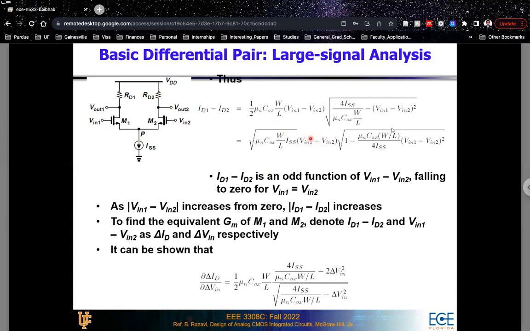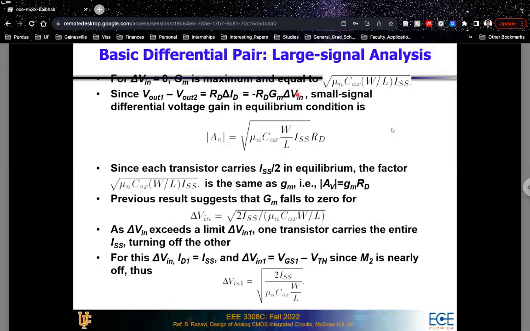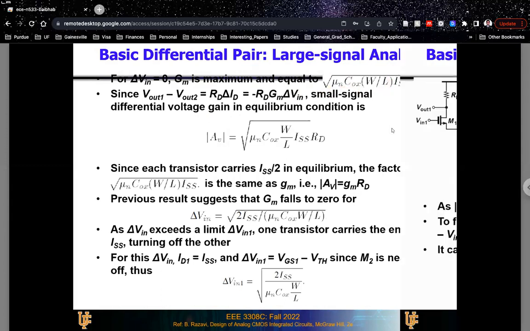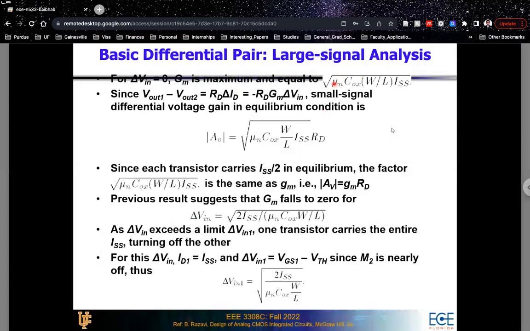That's basically V1 minus V2 has to be equal to 0, or in other words, your del V has to be equal to 0. And if your del V is equal to 0, then GM reduces to square root of K times ISS, right? So if you go back to the previous one, you put del V equal to 0 for both of these cases, and you'll see that your GM will reduce to square root of K times ISS.